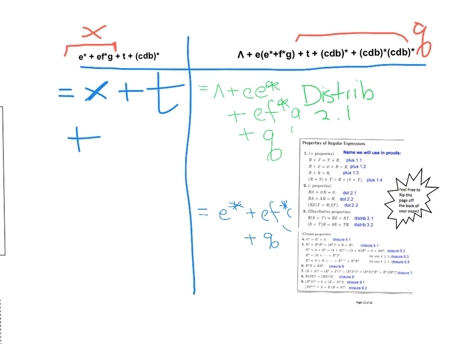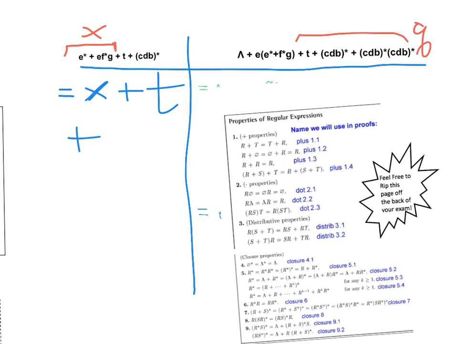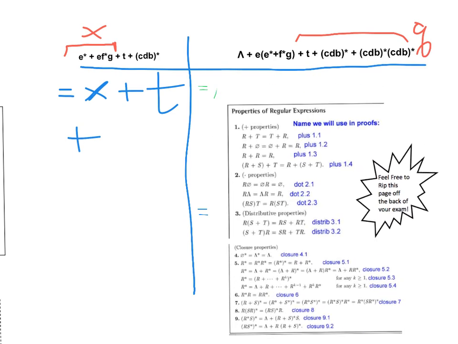One thing is I'm looking at my rules, and I feel like maybe I should just use the plus rule.